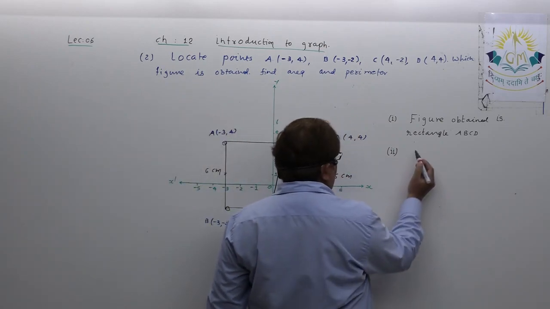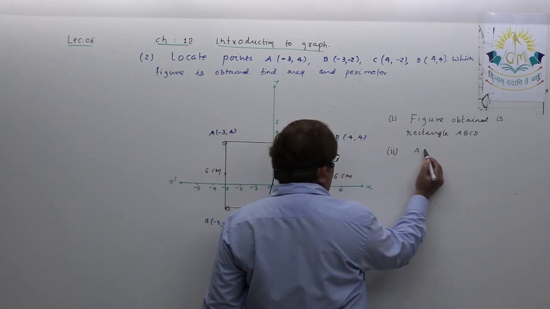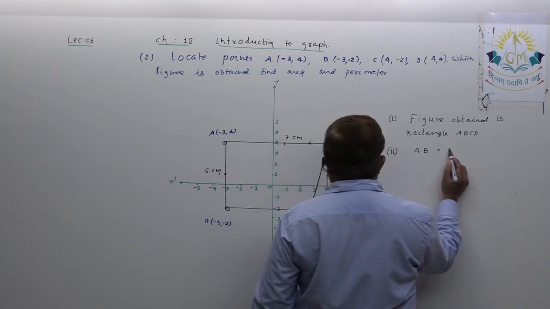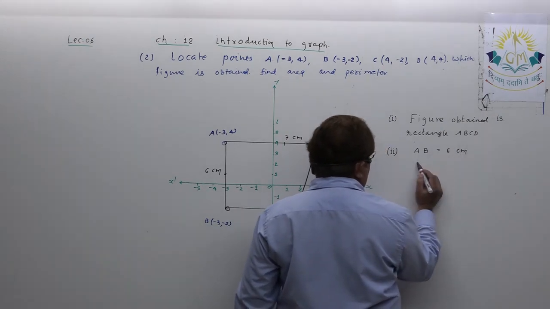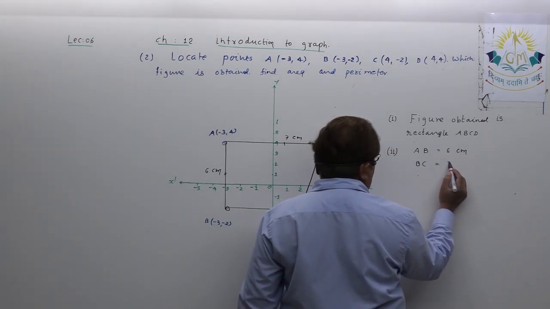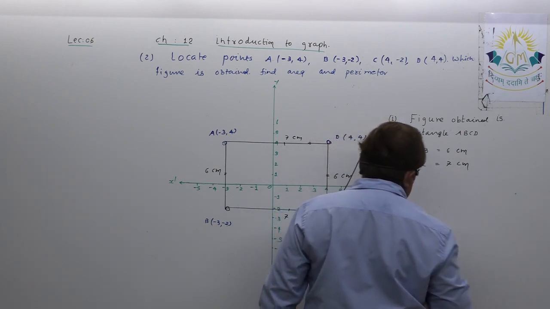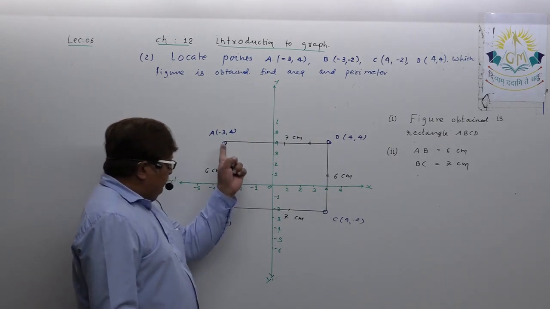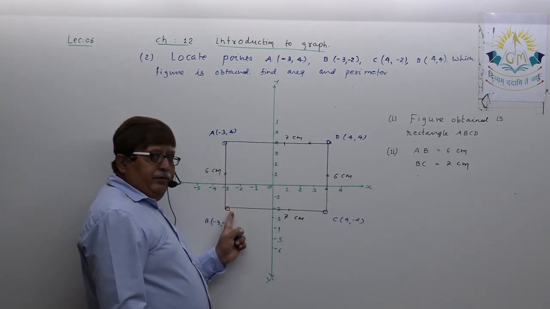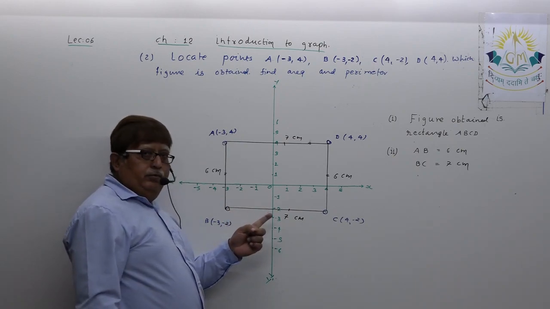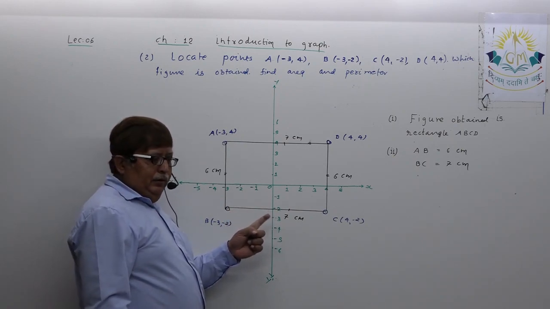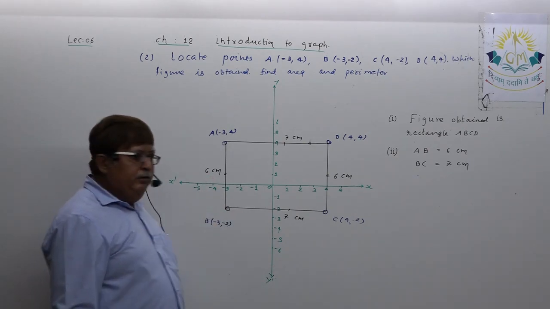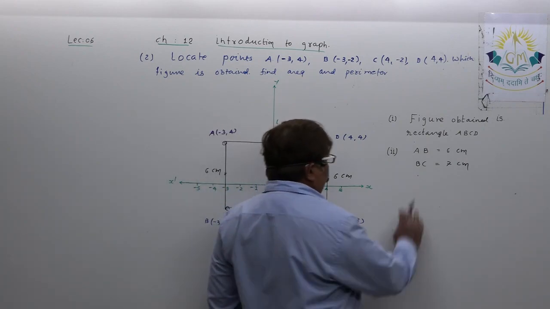Let us write the breadth first. AB equal to 6 centimeter. BC, that is length, equal to 7 centimeter. We got breadth, we got length also. After getting length and breadth, we can easily find perimeter and area.